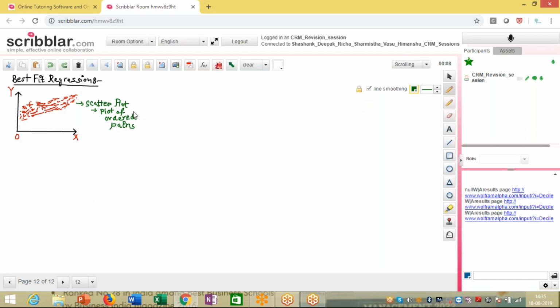Now, the scatter plot is comprised of the observed values.